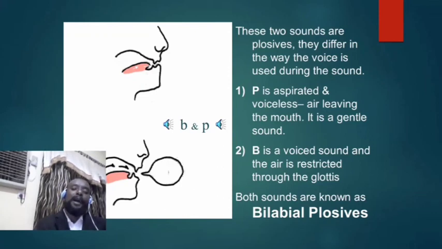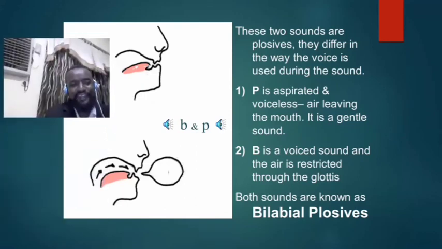For example, put your finger on your throat, for example. With the voiceless sound, air comes through like this, just air.